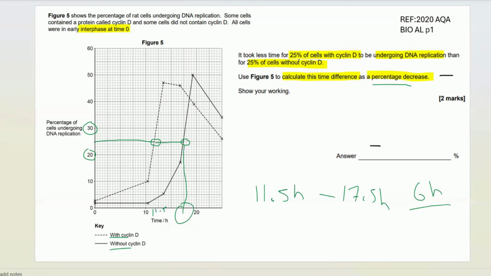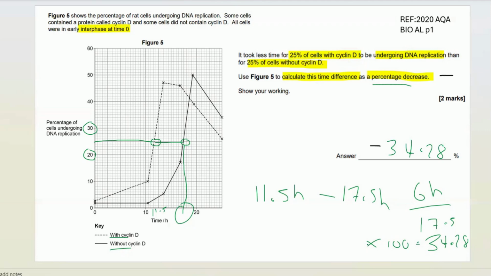But what is that as a percentage decrease? So what you need to do is the difference in the time over the original. So the difference in the time is 6 hours divided by 17.5 times 100, and it's 34.28%.